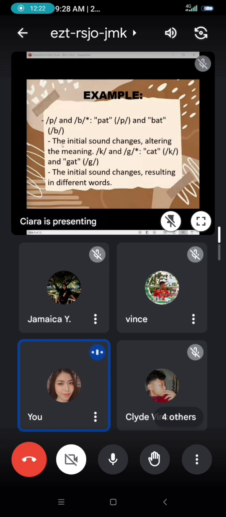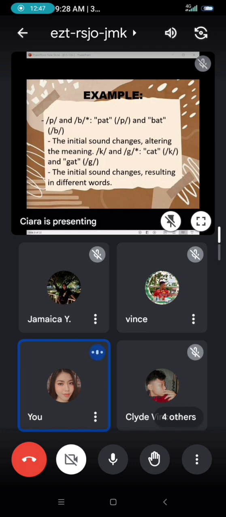The initial sound changes, resulting in different words. These examples illustrate how a change in a single sound, such as the initial consonant, can create differences in word meaning, emphasizing the role of phonemes in language.